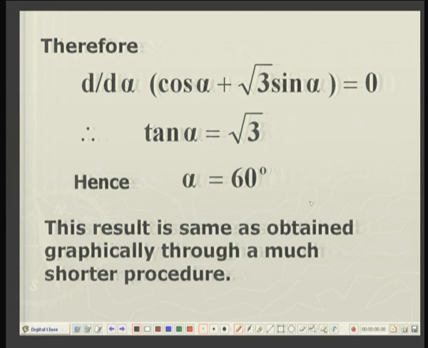When I take the derivative of this expression I get tan alpha is equal to root 3, and hence alpha is equal to 60 degrees. So, again we come to the same conclusion that when the second cable is inclined at 60 degrees to the vertical, the tension in that cable is minimized.